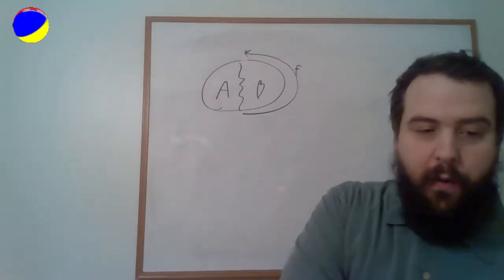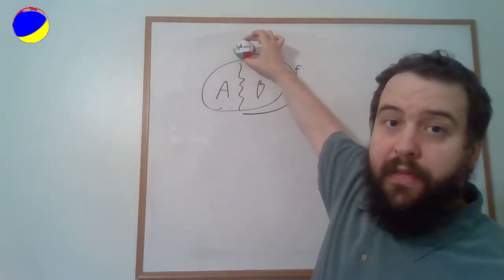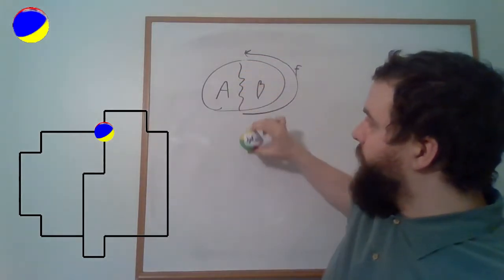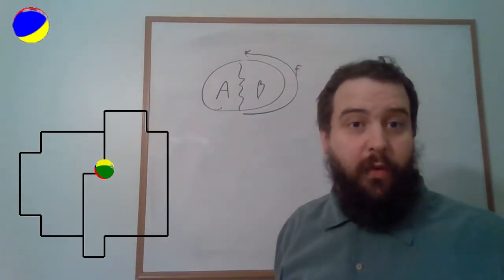Now, we also know that taking the sphere from this top point here and rolling it down the common boundary is going to do something else to its orientation.